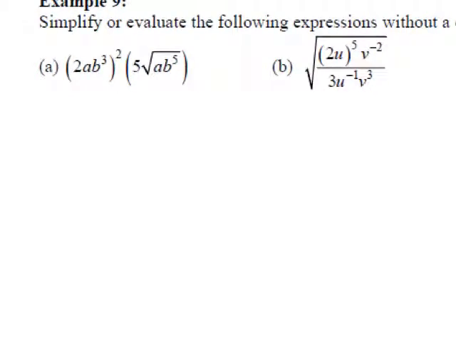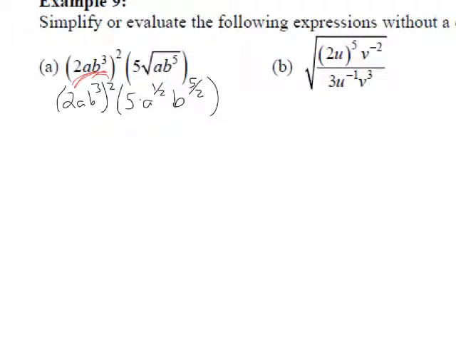The first thing we should do is get rid of radicals. In doing that, I can write this as 2ab cubed squared times 5 times a to the 1/2 b to the 5/2. So doing that just took the square root out of this scenario, and that's usually a really good first step. The next thing we would like to do is try to distribute exponents in as needed.